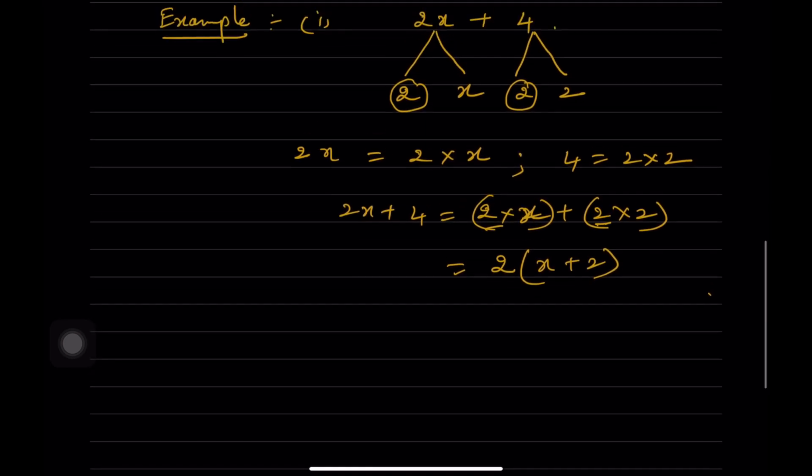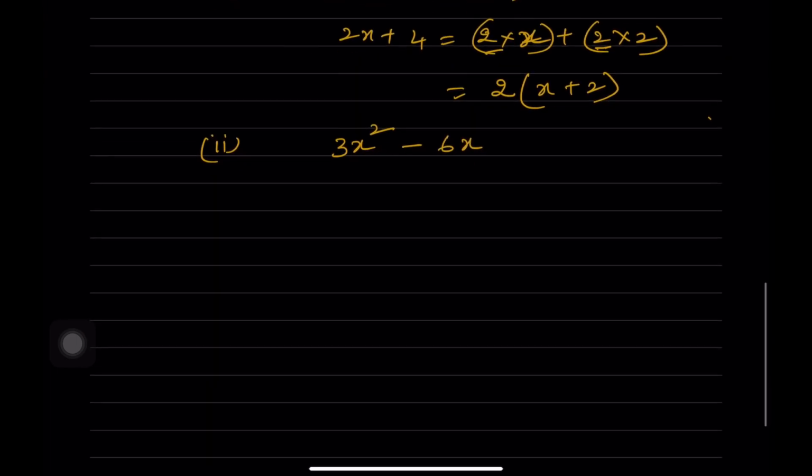Now one more example. Suppose you take 3x square minus 6x. Now what are the factors of this? The factors for 3x square are 3 into x into x. The factors for 6x are 2 into 3 into x.